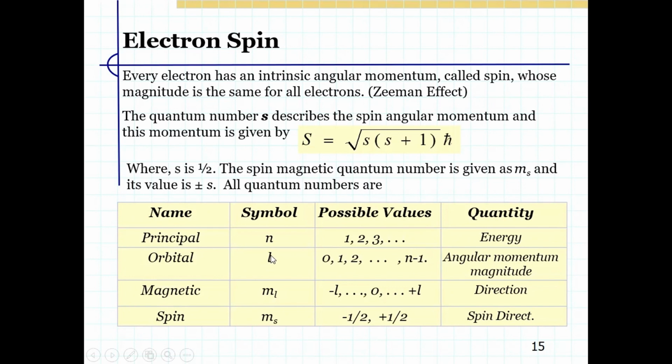The orbital quantum number, small l, is related to angular momentum magnitude, the capital L. And the magnetic quantum number, ml, is related to the direction of the angular momentum, and it can vary from minus L to plus L, with 0 included. The spin quantum number can have only 2 possible choices, minus half or plus half, and it shows the direction of the spin, and it tells us about the spin angular momentum as well.